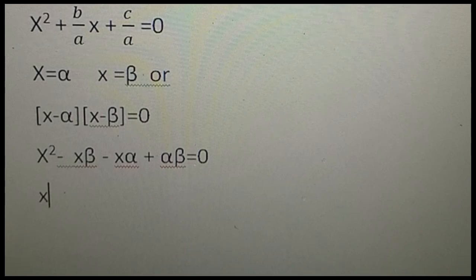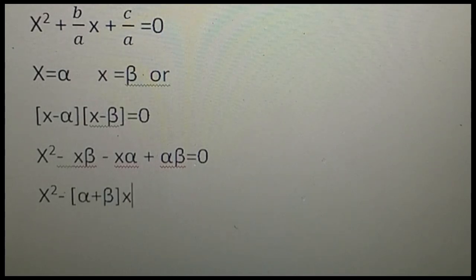So we can say x squared minus bracket alpha plus beta, x, plus alpha beta, equals 0.